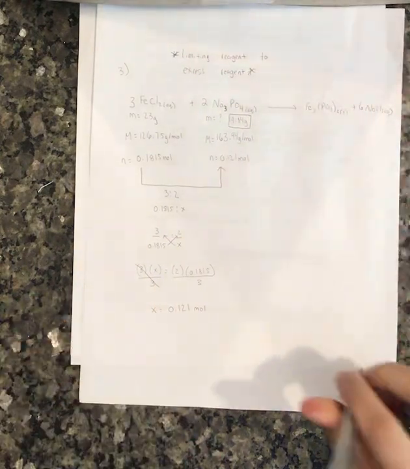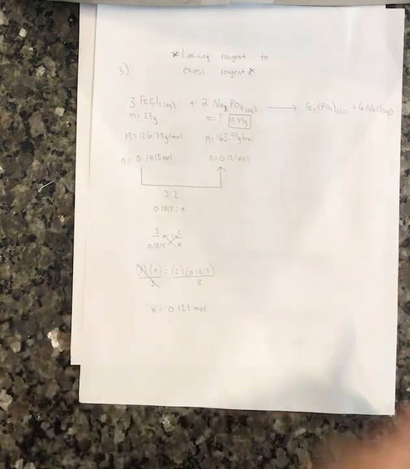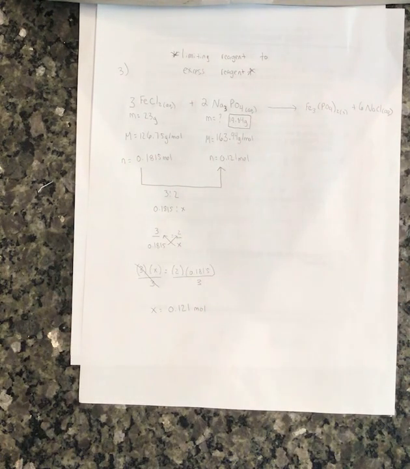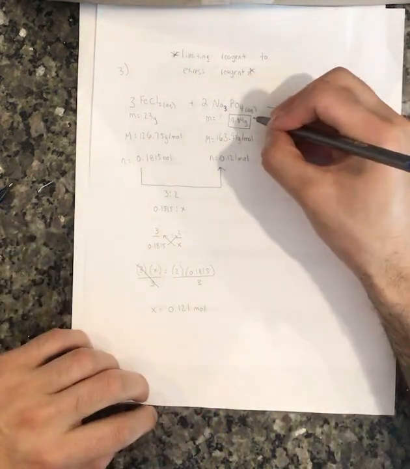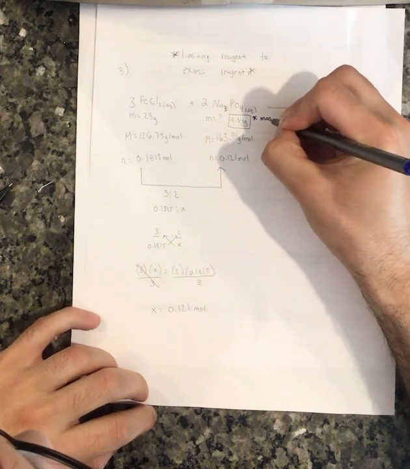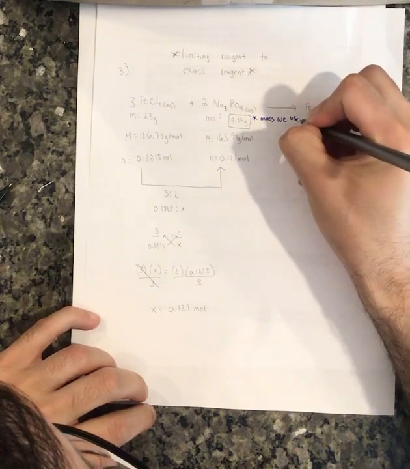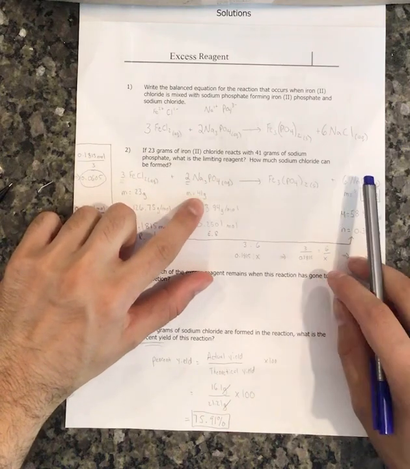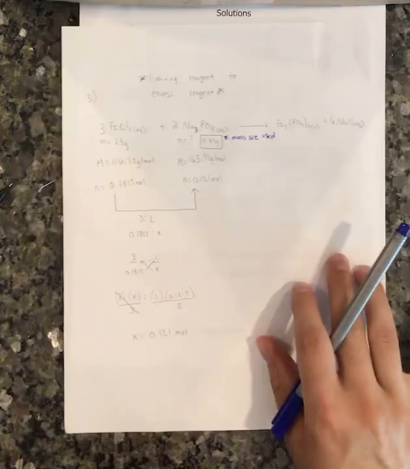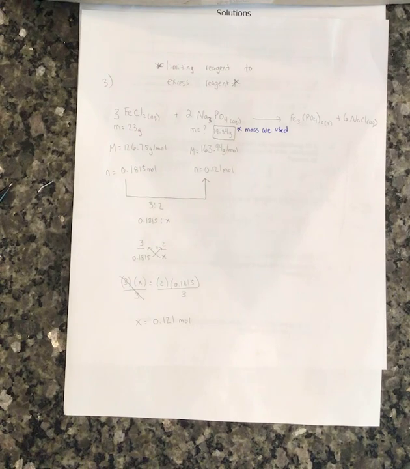Now, this is what we used. I'm going to put this over here to help you out. This is the mass we used: 19.84 grams. The question's asking, how much do we have left over? If you take a look, we started off with 41 grams and we used 19.84 grams. So how much would we have left over?